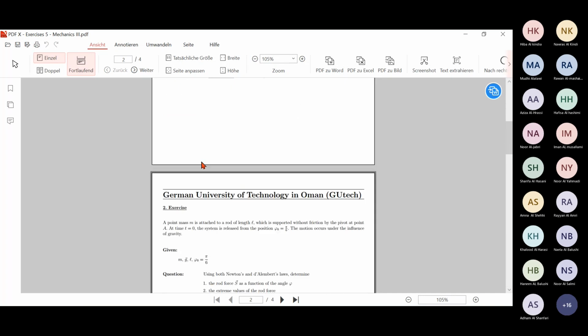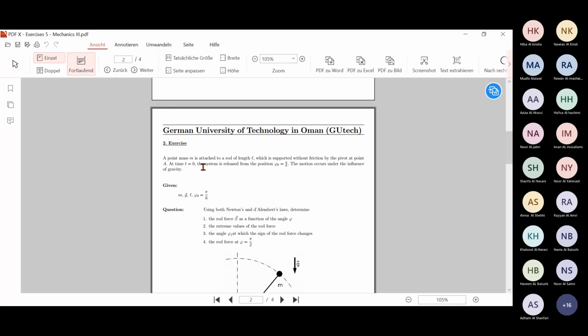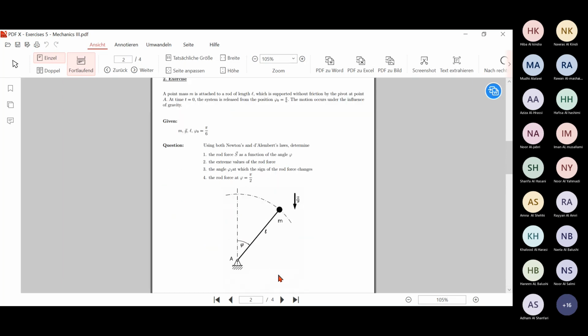Okay. Now going to the second exercise, we have the point mass M here, which is attached to the rod here with length L, and which is supported here in point A by a pivot, without friction.